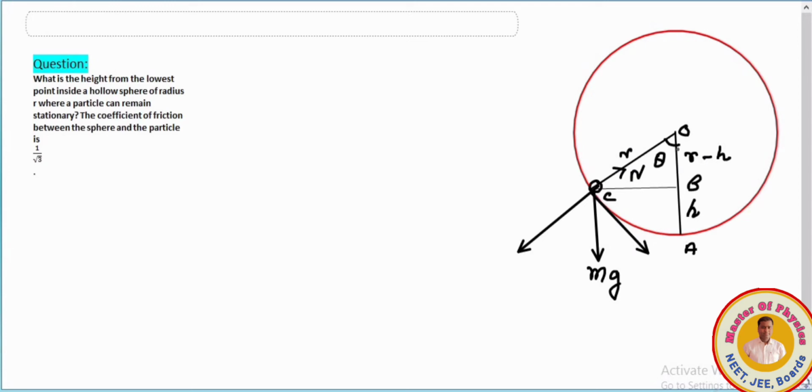From the geometry of the figure, this angle is theta, and the component along the radius is mg cos theta and along the tangent is mg sin theta.